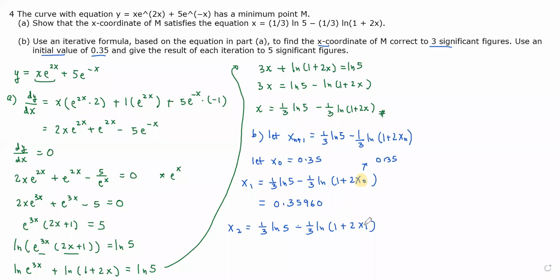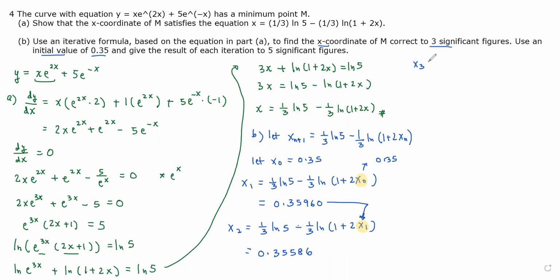Again, this x sub 1, we replace with the value we found just now, which is 0.35960. And that gives us a value of 0.35586. So to 3 significant figures, we have not reached convergence.